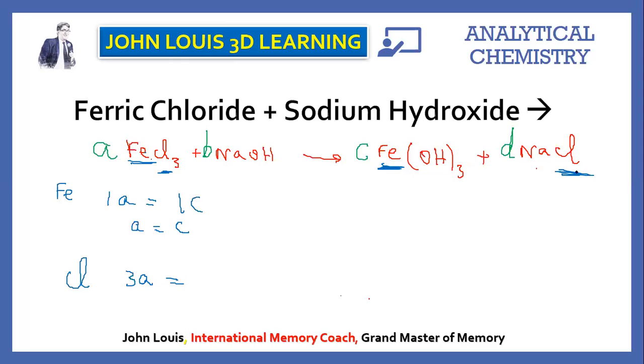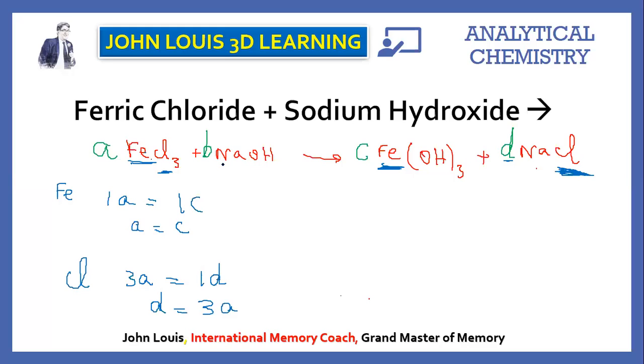Chlorine is here, only one chlorine, and the number in front is D. Therefore, 3A is equal to 1D. That means D is equal to 3A. Whatever number you take for A, 3 times A will be D. That's what we need to understand.